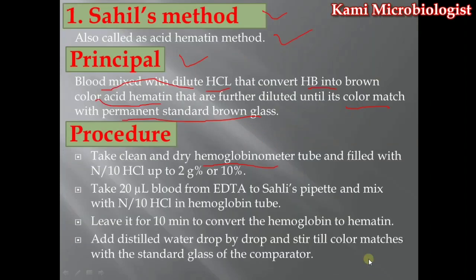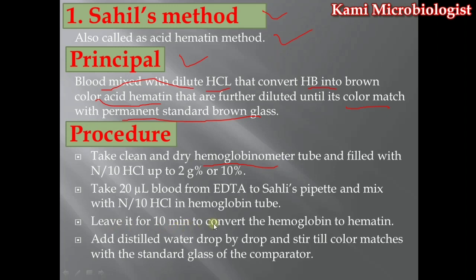Now after that we have to take 20 microliters of the blood from the EDTA tube with the Sahli pipette and mix it with the N/10 HCl in the hemoglobin tube. Once we mix it, we have to leave it at room temperature for 10 minutes.